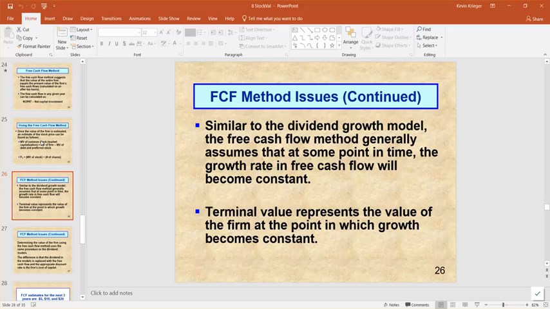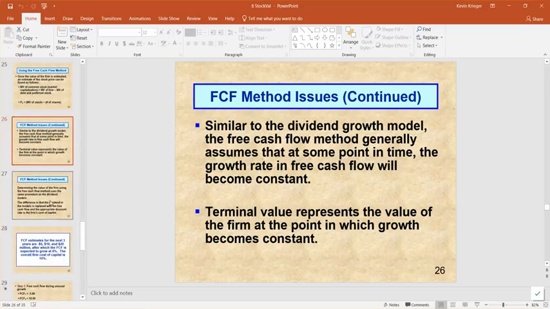You're still going to have an assumption at some point where the growth rate becomes permanent. But of course, in this case, when you're dealing with cash flows, you're no longer talking about a dividend increase being at a constant permanent rate of G. You're going to be talking about a cash flow increase from one period to the next, always being at a permanent constant rate of G. But the same sort of attack is going to apply here, and you'll see that again in just a couple slides as we start the example.